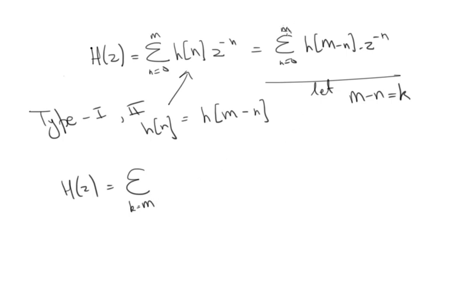Similarly, when your n is equal to m, your k is equal to 0. Whenever you have n is equal to 0, your k is equal to m, and when your n is equal to m, your k is equal to 0, and here it will become h of k, and this is minus n is equal to k minus m.